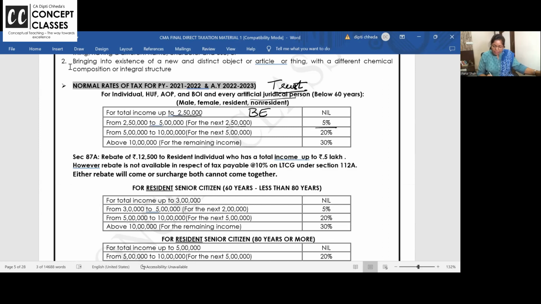On income from 5 lakh to 10 lakh, on the next 5 lakh, it is 20%. On 10 lakh above, it is 30%. All clear? Maybe you do this every day using software like Computax, but for the exam you need to calculate and remember it, so we are discussing it here.